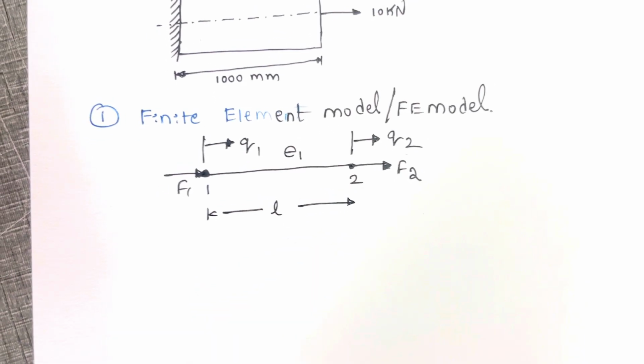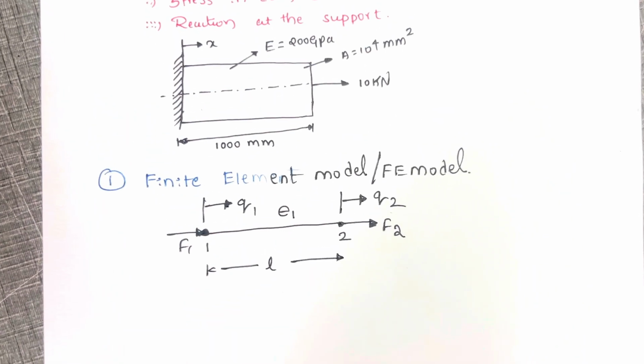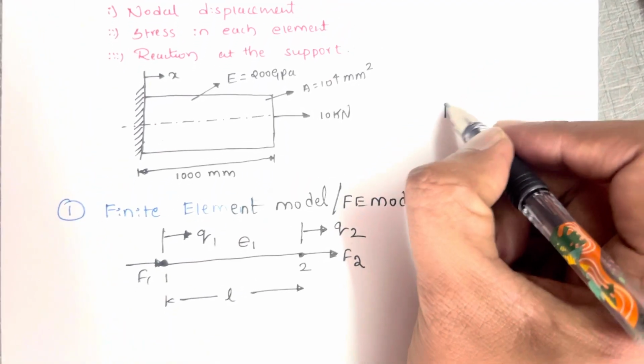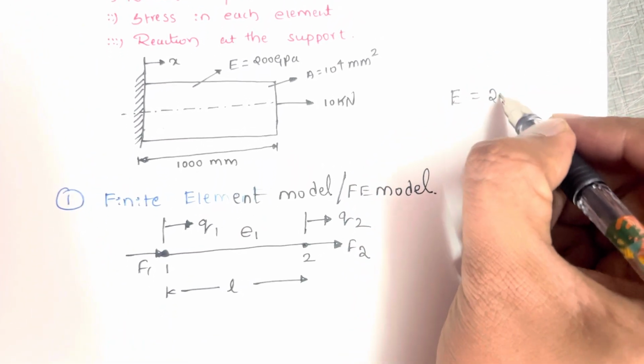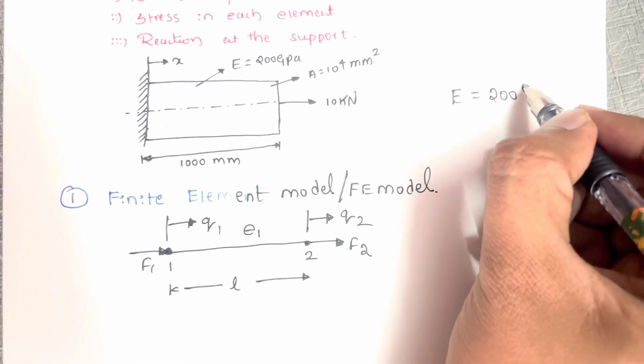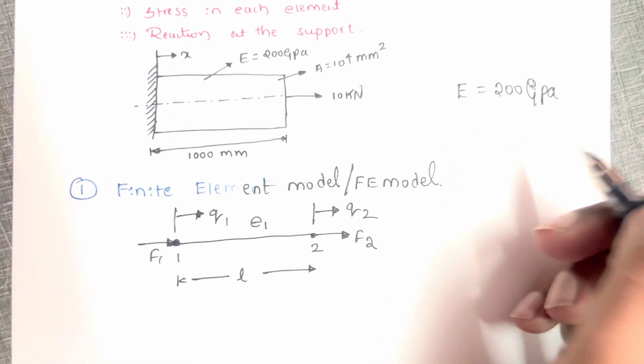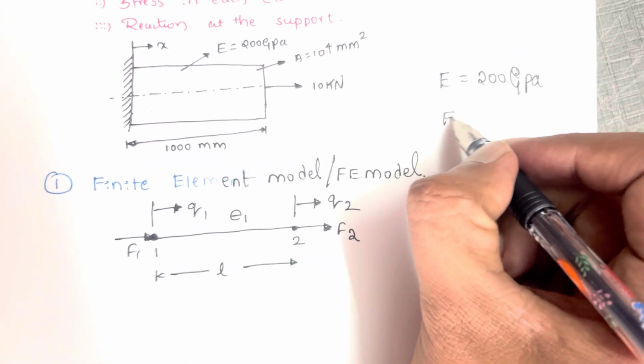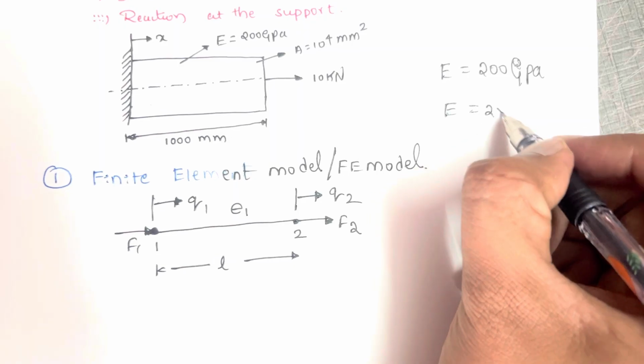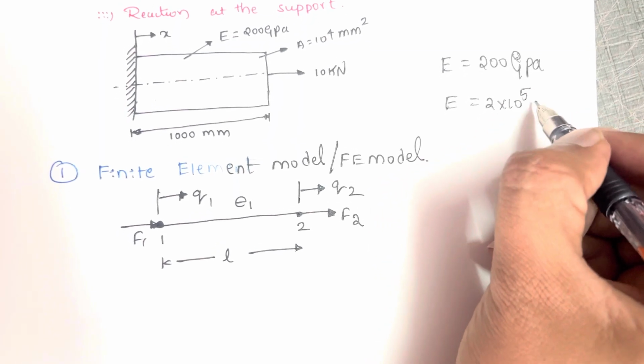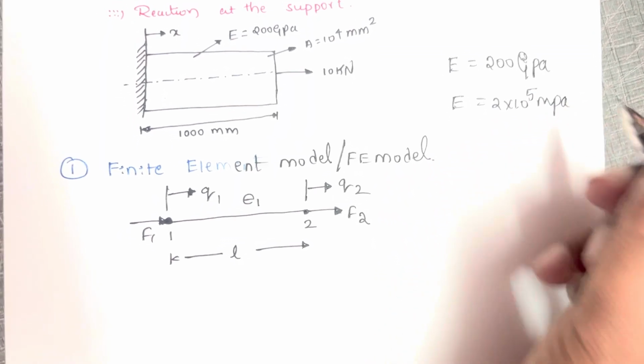Okay, so after this we'll write the given data here. E is equal to 200 GPa, gigapascal, so I will convert that to megapascal, that is 2 into 10 raised to 5 megapascal.